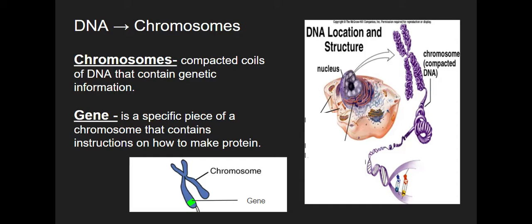Now, to explain that a step further, proteins make cells. Depending on what the instructions tell the cells is going to dictate how the cells make up your tissue and how your tissue makes up your organs and how your organs make up your body.